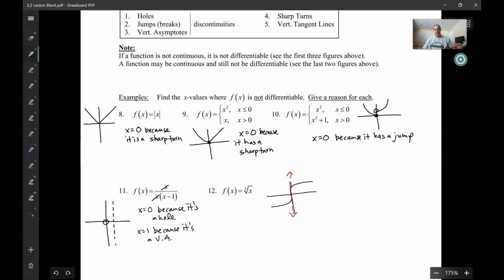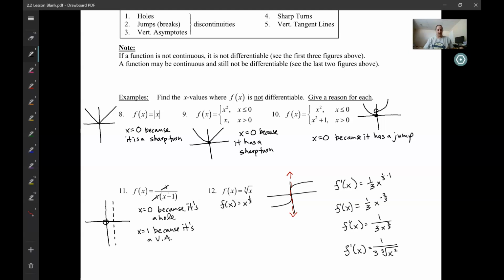Now, another way that you can see this is if I take the derivative. So I'm going to write f of x in exponent form, x to the 1/3. And if I take the derivative, the 1/3 goes out in front, and then I subtract 1. So I get 1/3 x to the negative 2/3. So I'm going to take that down to make it positive, so I get 1/3 x to the 2/3 in the denominator. And then write it in root form so it's a little easier to see: cube root of x squared. So here's my f prime of x.